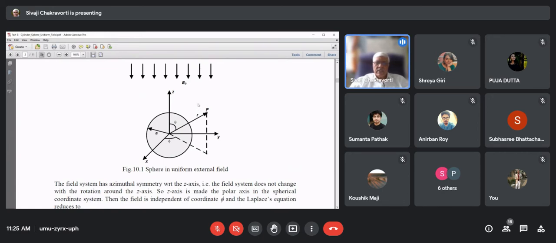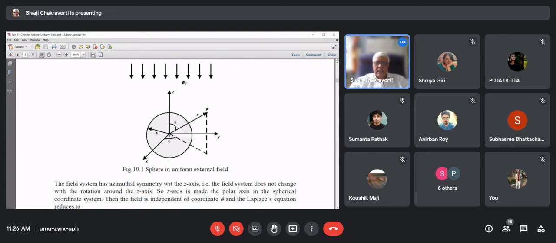So we say that the potential at any point when R is much larger than A is V0 plus E0 R cos theta. V0 is the potential of the center of the sphere, and E0 into R cos theta, that means field intensity into vertical distance, is the potential difference between the center and that particular point. So that's very clearly the potential when R is much greater than A.